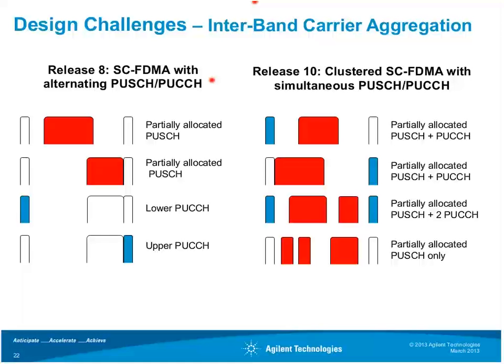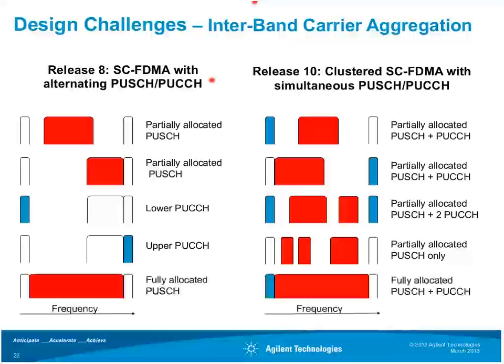So let me talk about the second major feature of LTE Advanced. It's a combination of clustered SC-FDMA, so that's the uplink technology that's used, and it also has added simultaneous transmission of the PUSCH, the shared channel, that's where the payload is, and the PUCCH control channel.